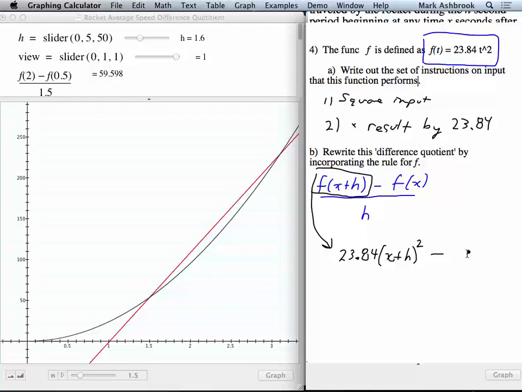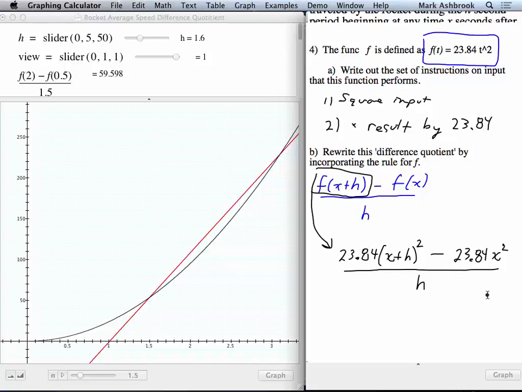Same thing, from x squared. That'll be 23.84 parentheses x squared. Right, so in both cases we took the input and squared it, multiplied the result by 23.84. And then all over, divide by the difference, which is h.